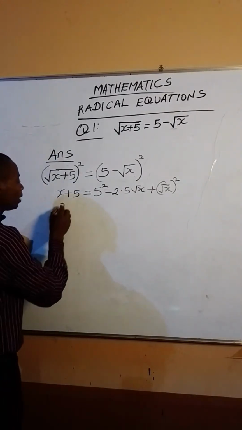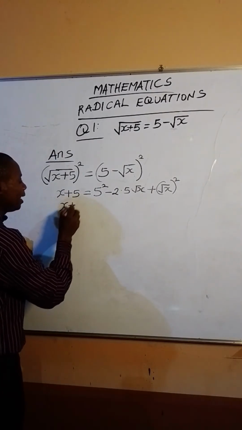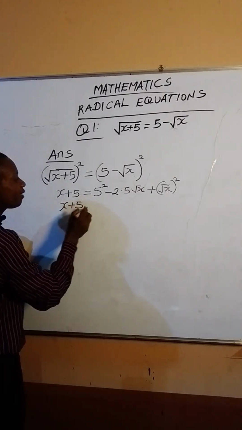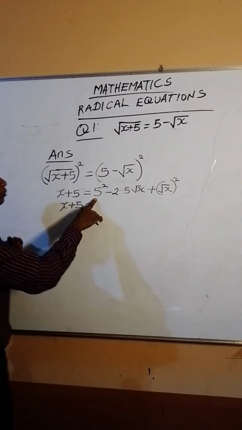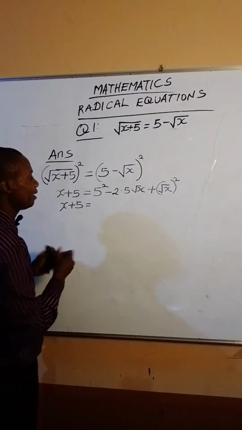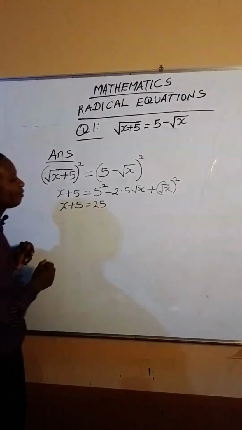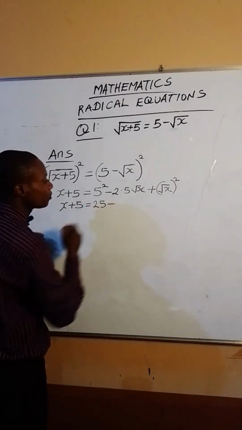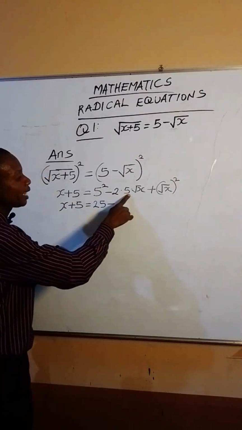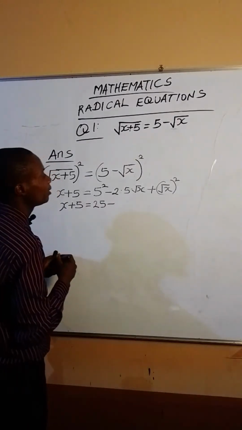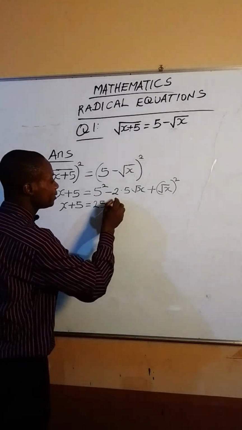So we are going to write that x plus 5 is equal to the square of 5, which is 25. Then minus 2 times 5, and 2 times 5 is 10.